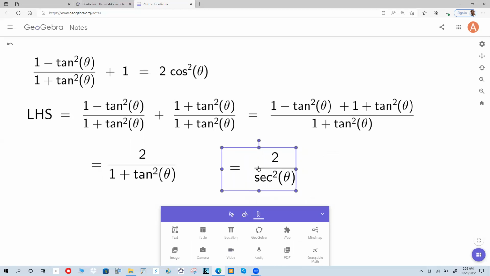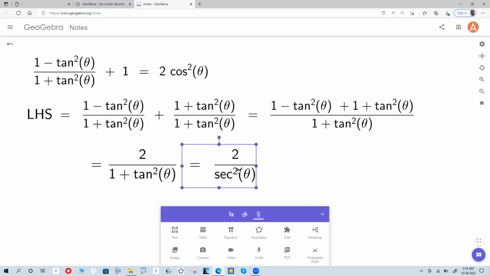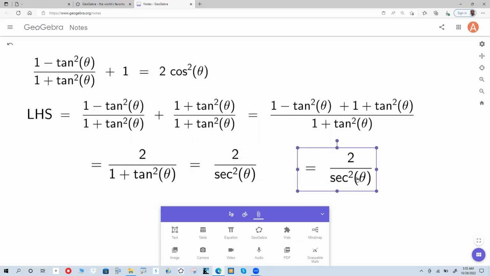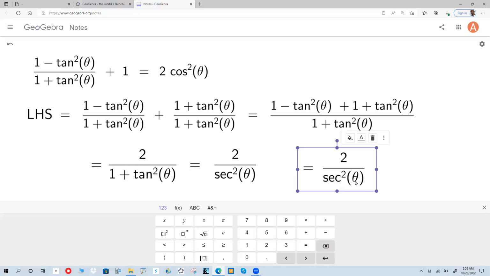It's legit because I'm using the trig identity, 1 plus tan squared theta is equal to secant squared theta. Now, secant squared theta is simply 1 over cosine squared theta, and that's what I'm going to do.